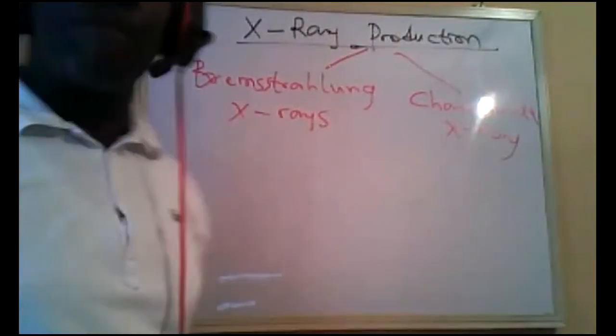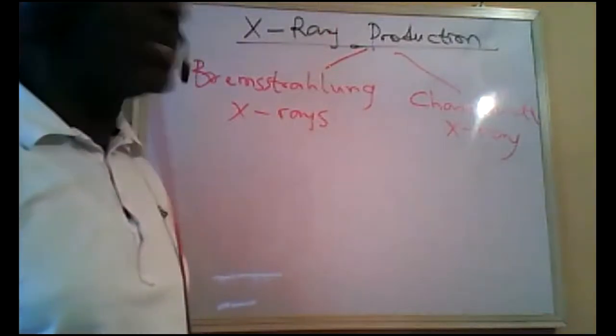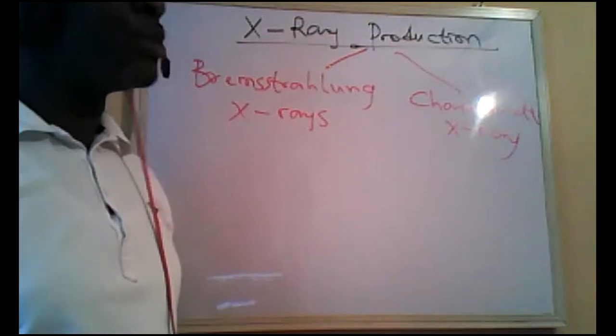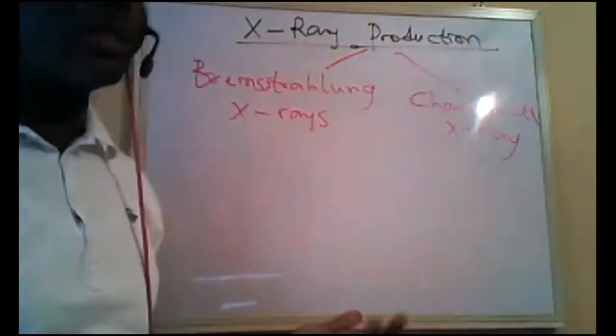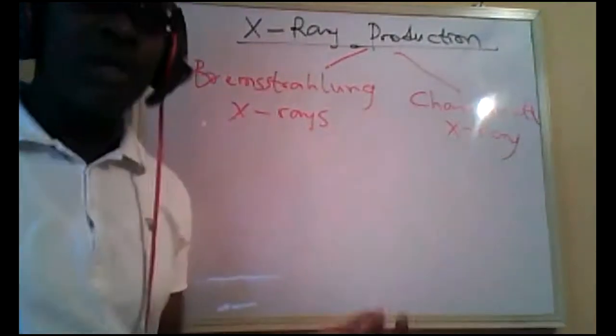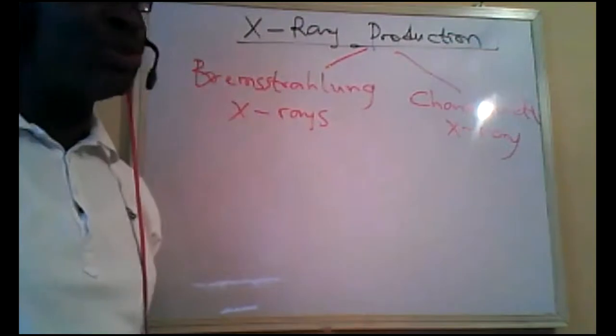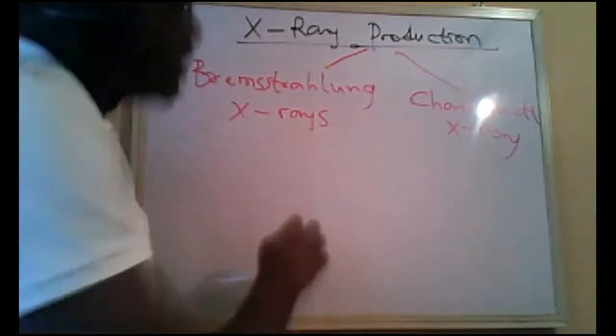But before then, X-rays are usually produced in an X-ray tube, which is composed of the enclosure itself, which is the X-ray tube, which has the cathode and the anode. The cathode is the negative.